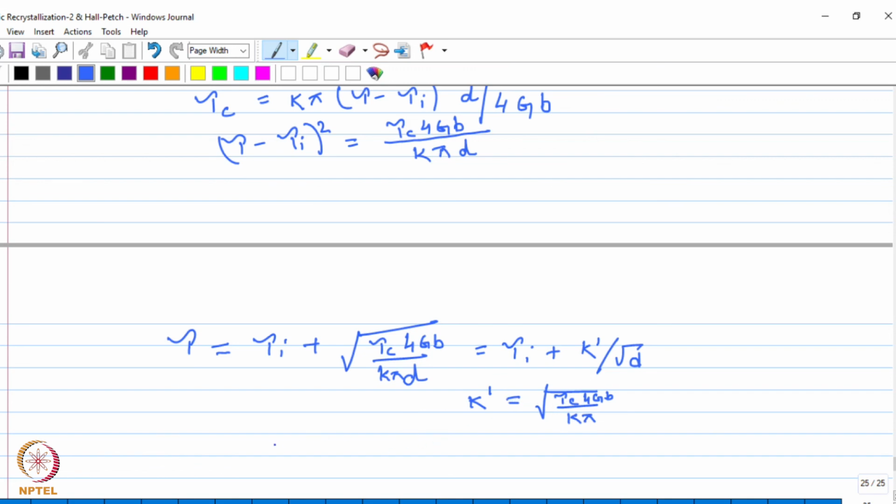And now if you replace the shear stress tau by the principal stress sigma, we will get to the Hall-Petch relationship.